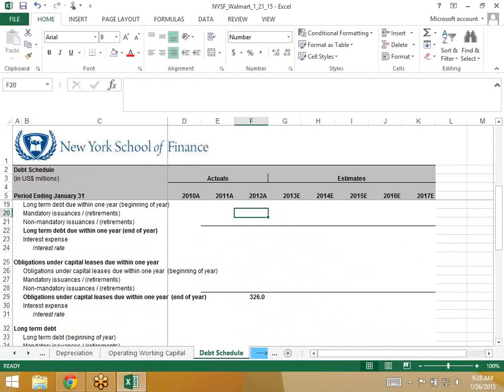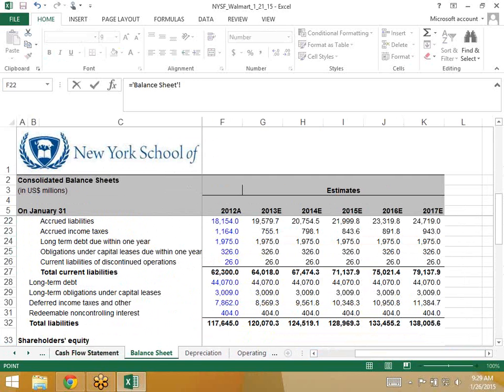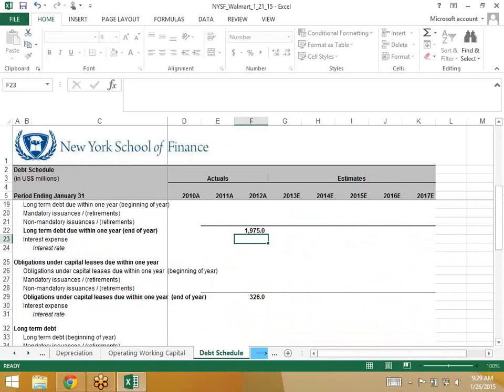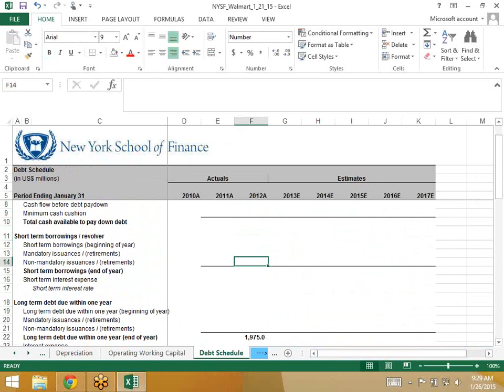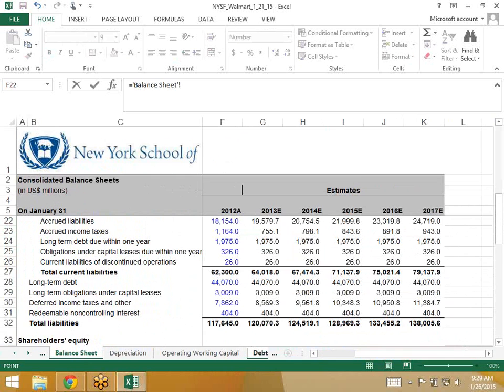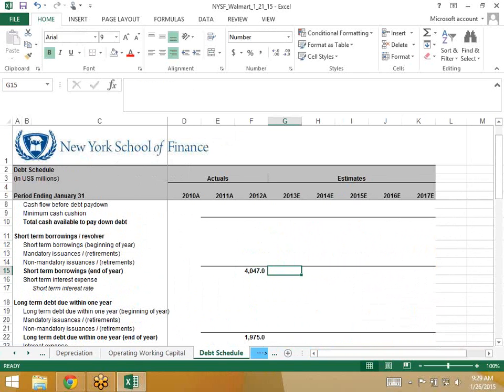And I'll continue with long-term debt due within 1 year, pulled in from the balance sheet. And finally, short-term debt, from the balance sheet, short-term borrowings. So we've pulled in all the last reported balances of debts and cash that will be used to drive our next year.